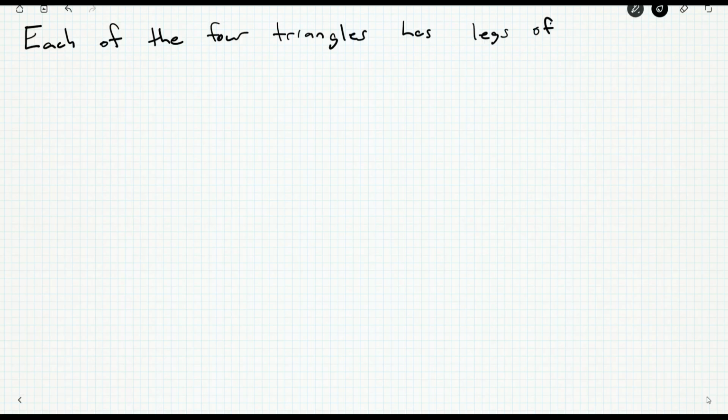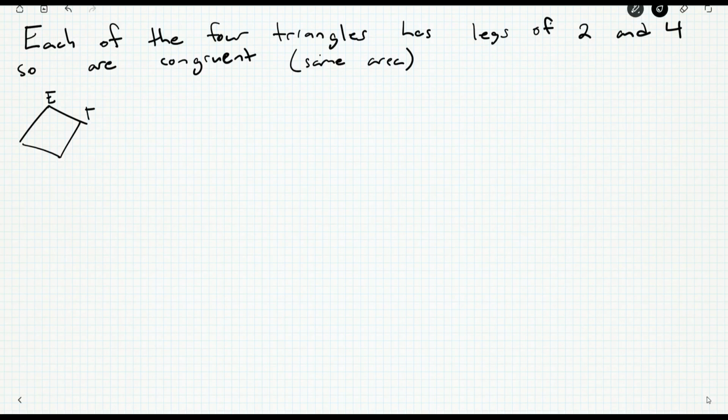That's a term some people don't know, that you call them legs. Legs of 2 and 4. And so that makes them congruent. And since they're congruent, that means we got same area.